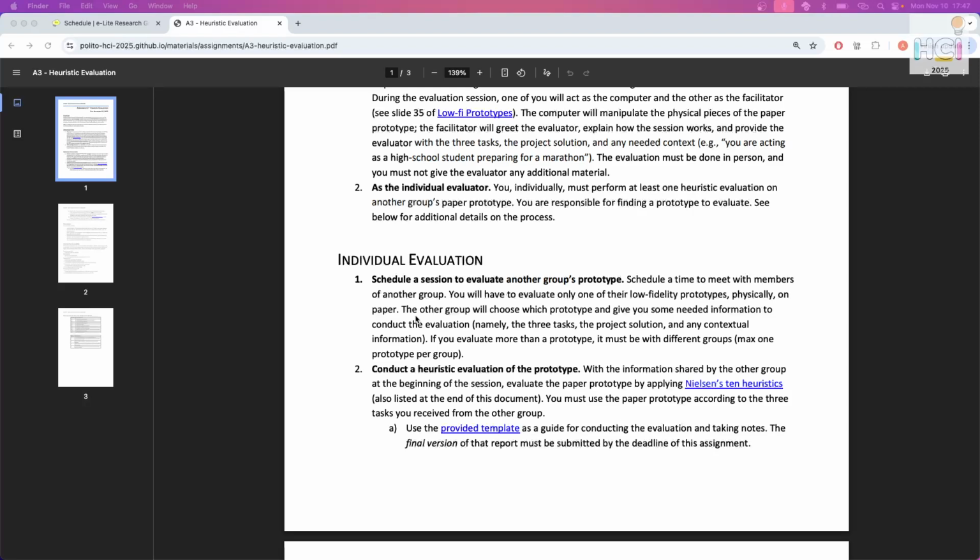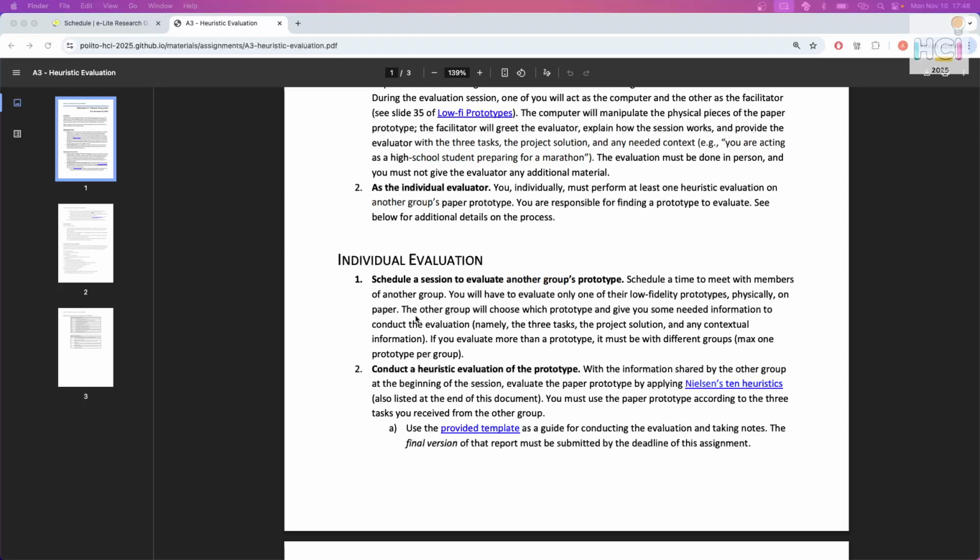Maybe the facilitator can clarify things, but unless the evaluator is really stuck on the page, you cannot tell the evaluator, okay, you should click there, because the goal is to understand if the interface is, again, understandable, so you cannot give this kind of bias.